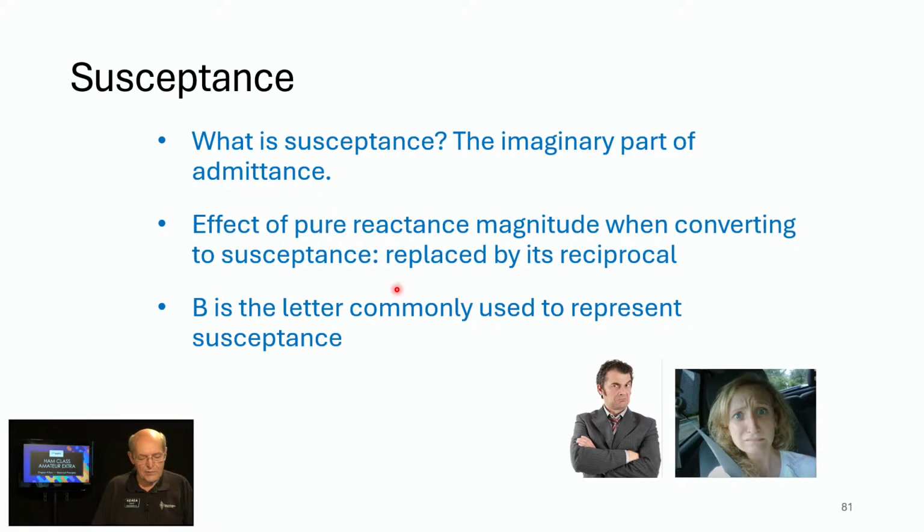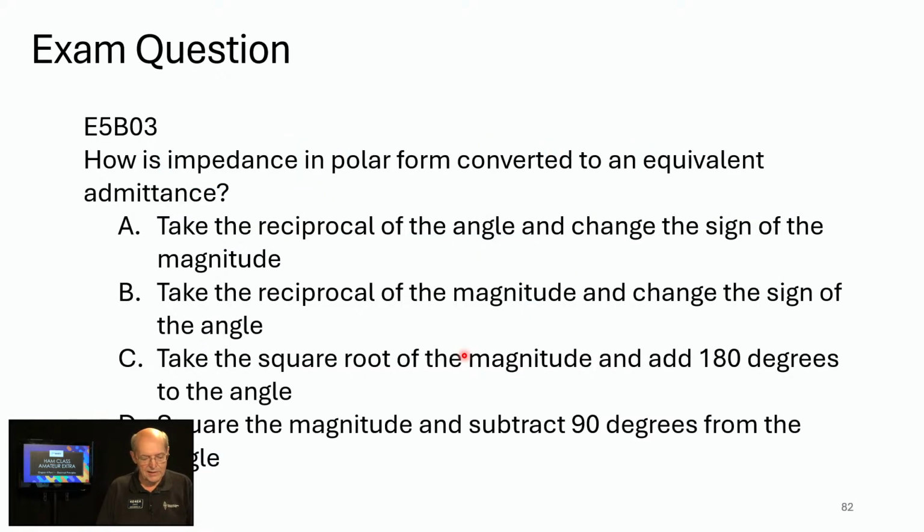The effect of pure reactance magnitude when converting to susceptance is just replaced by its reciprocal. You notice the word polar doesn't appear here, so it's just reciprocal. B is the letter commonly used to represent susceptance. Suspicious Bob. Okay, so those are my silly little tricks to help you.